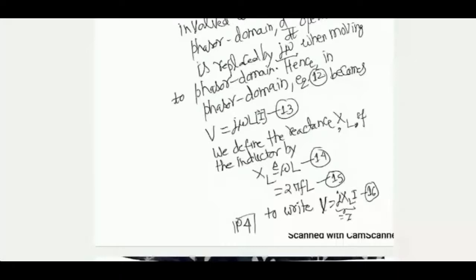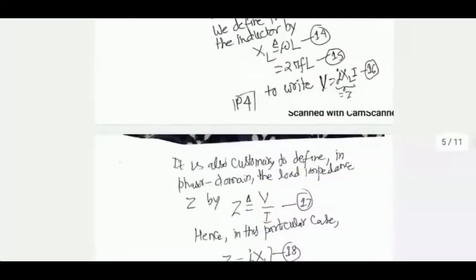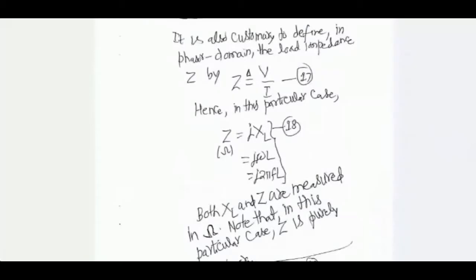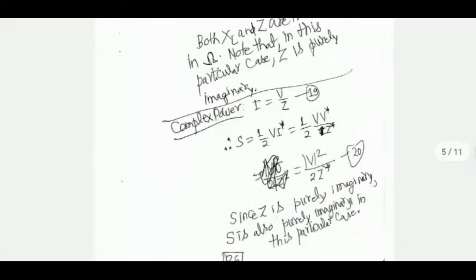Here I'm mentioning it. The impedance is defined as V divided by I. It's all in phasor domain now. Time domain is gone completely. So impedance turns out to be jXL, which is j omega L or j 2 pi f L. Complex power in this case, half V I complex conjugate.